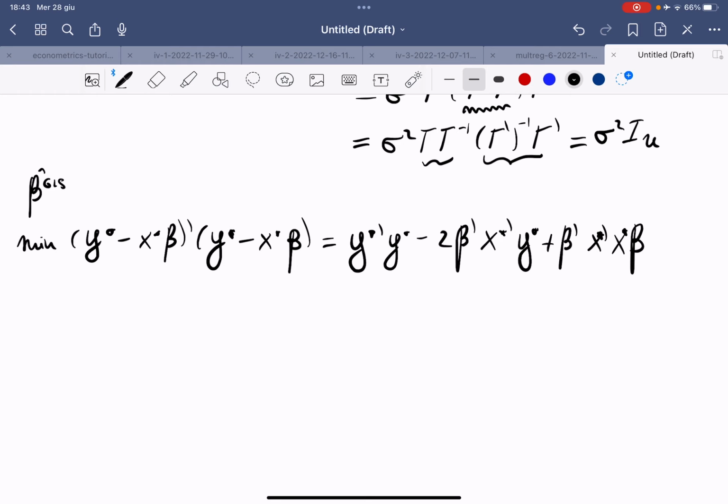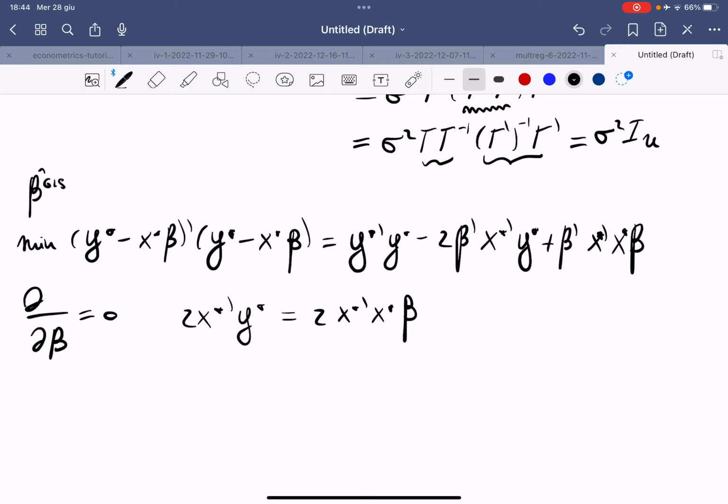Now we do the usual stuff: we derive with respect to beta and set it equal to 0. Thus we have 2 x star transpose y star equal to 2 x star transpose times x star beta.